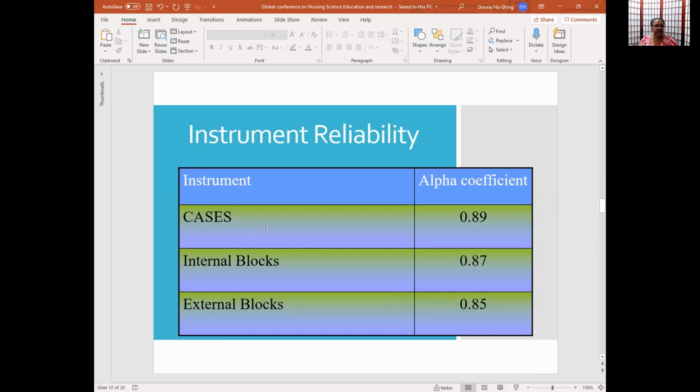When I looked at all the instruments, the college academic self-efficacy scale and the internal block and external block scales, they all had good alpha coefficients for this study.